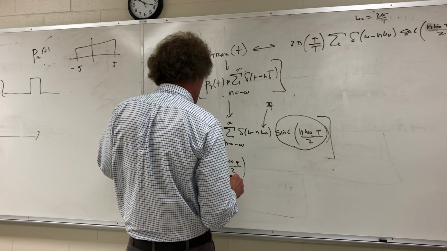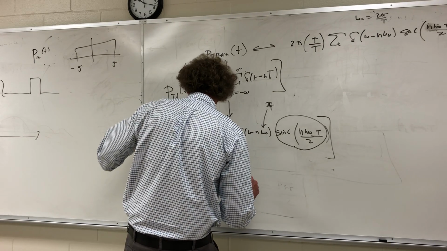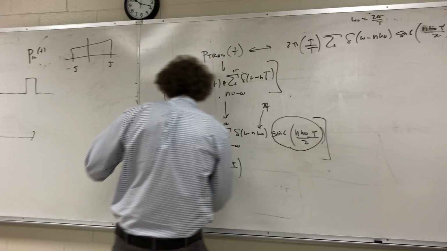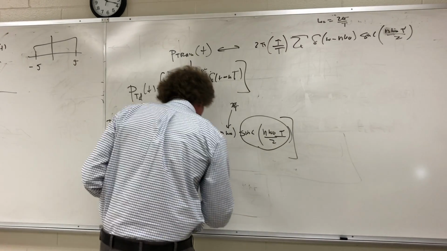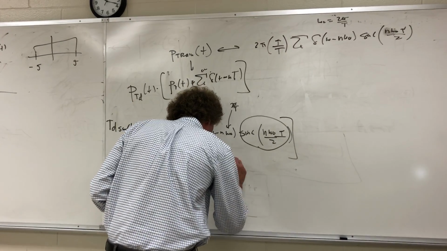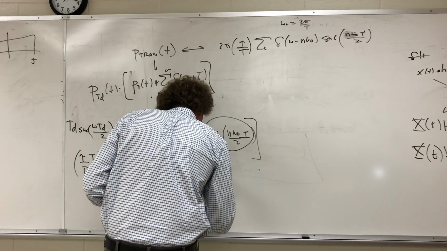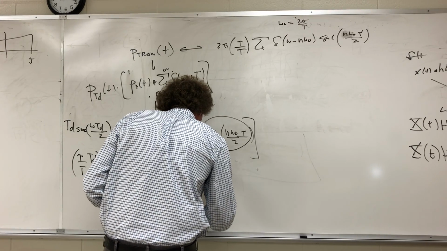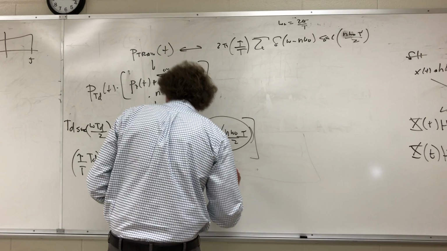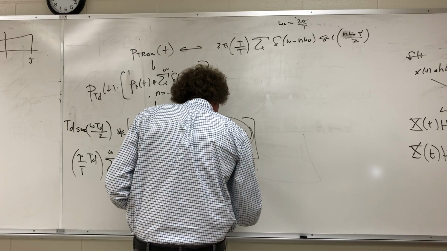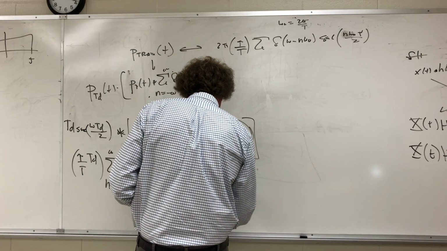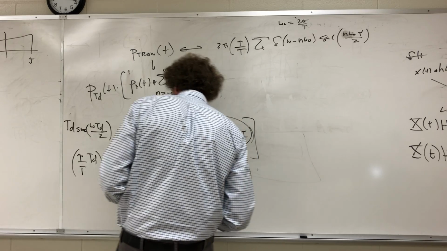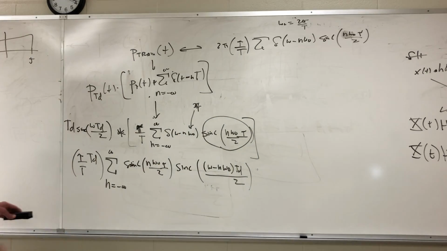And then I take this and I replace it, the sinc here, that's a sinc, and I replace omega with omega minus n omega naught, and then I put TD over 2, and lo and behold, that is the function.